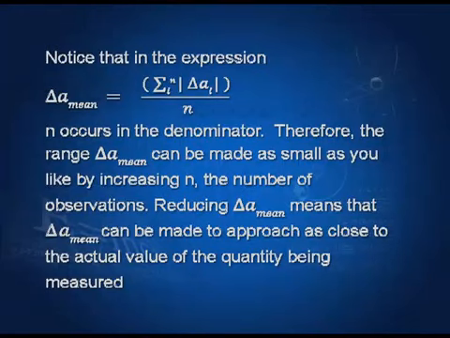You will find as the number of observations increases, the range within which the actual value of g lies decreases. That means you are approaching more and more to the actual value of g. So, the number of observations for any experiment reduces the error in the experiment.